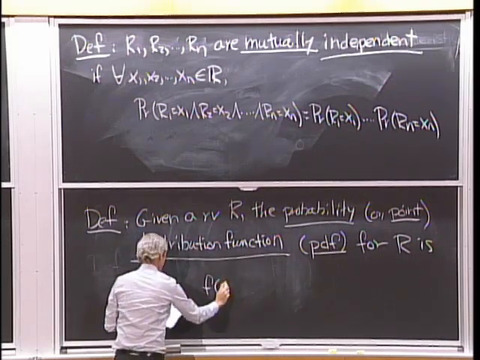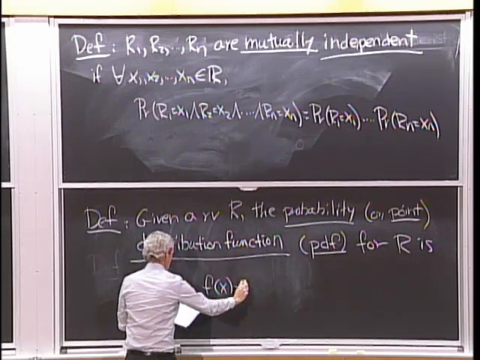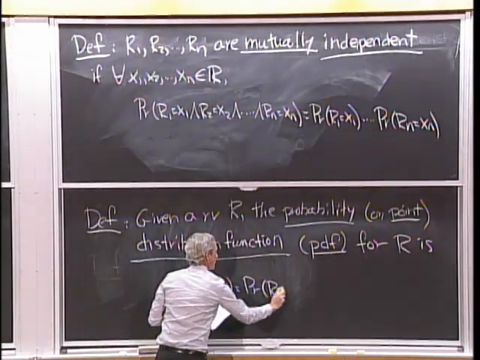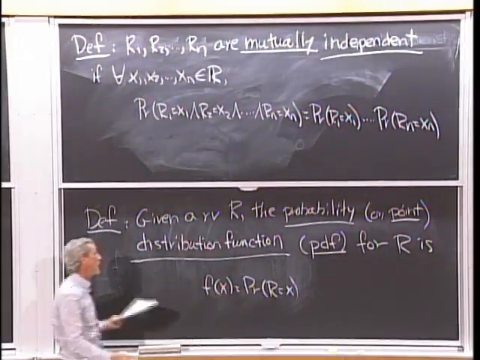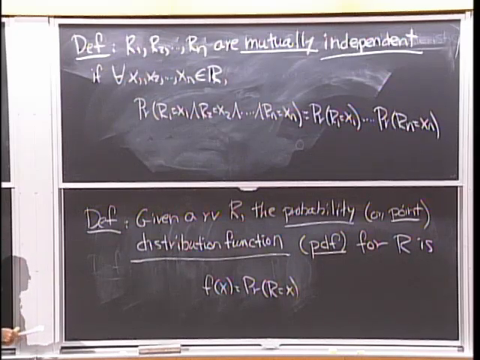It's just a function, f of x, which equals the probability that R is x. Very simple. All right, but now we're characterizing it as a function.